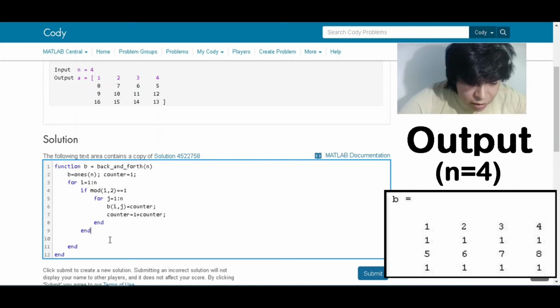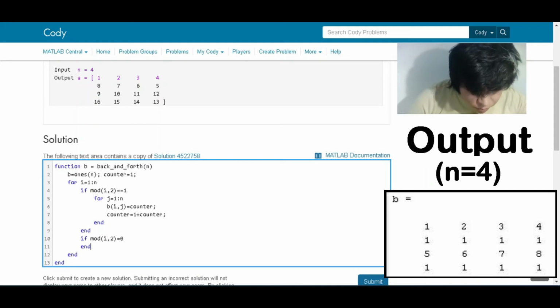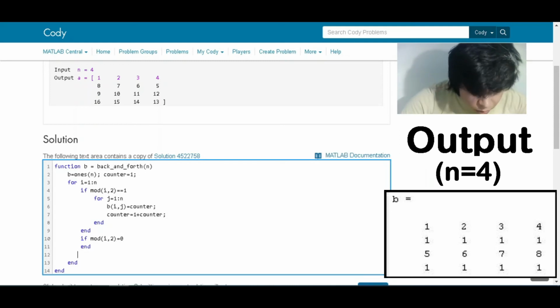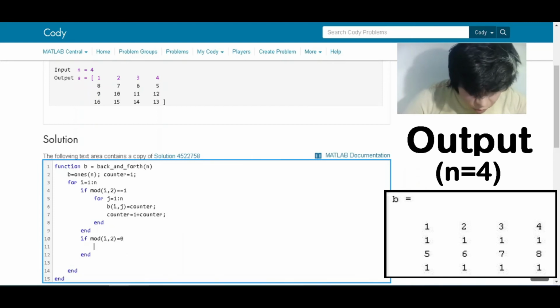Now what happens if that's not the case? We say it the other way. So if the mod of i and 2 equals 0, we have to say for j equals n through 1 with a step of minus 1.